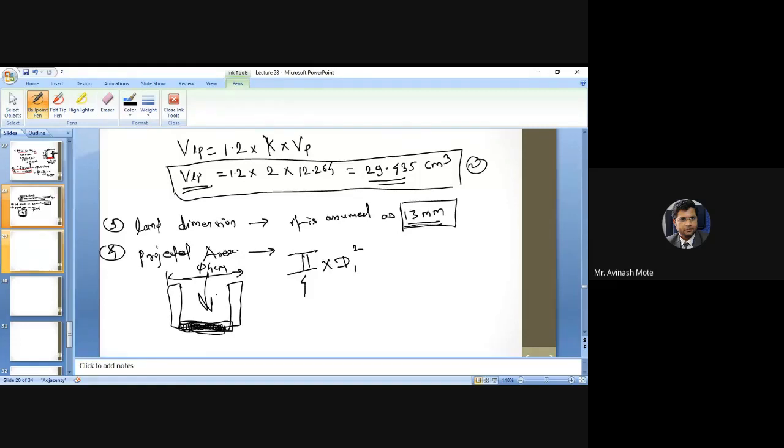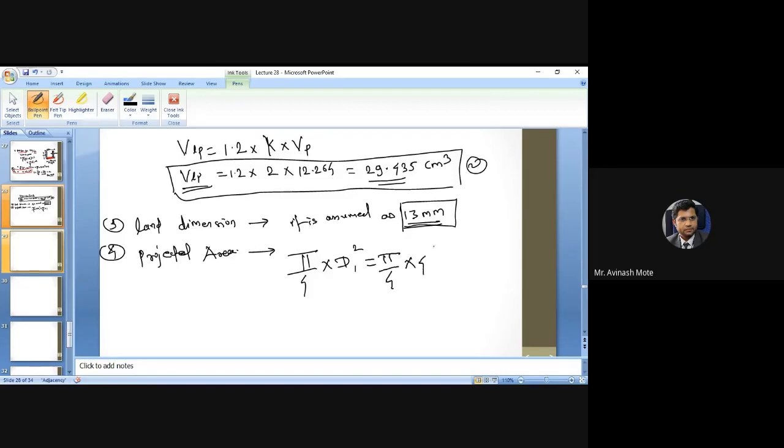Don't think about why this open space area has not been deducted. It will be deducted when this solid base is not there. Now this solid base is going to be part of the component, so this is going to be an effective area. So this will be your effective area, pi by 4.